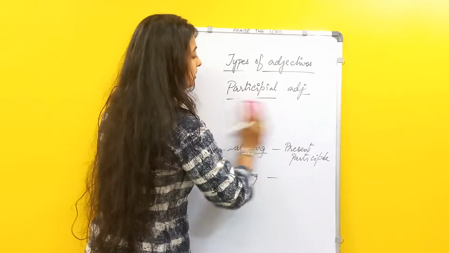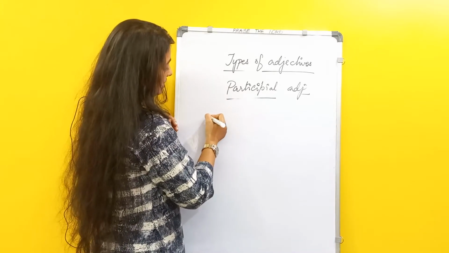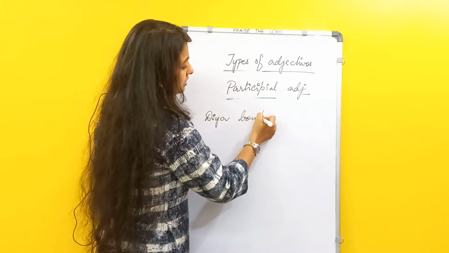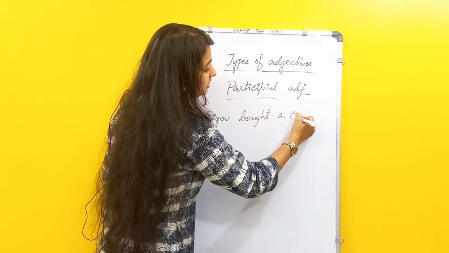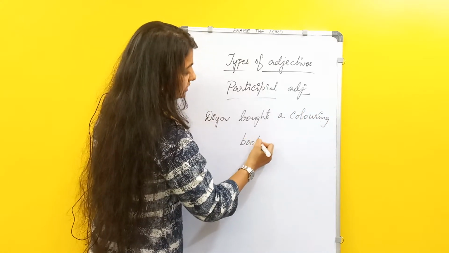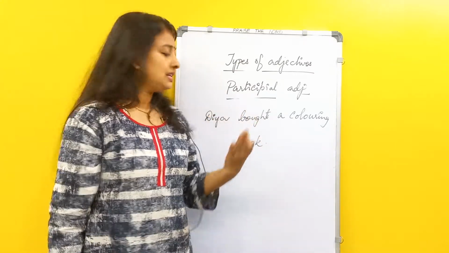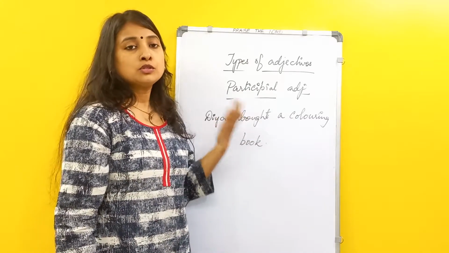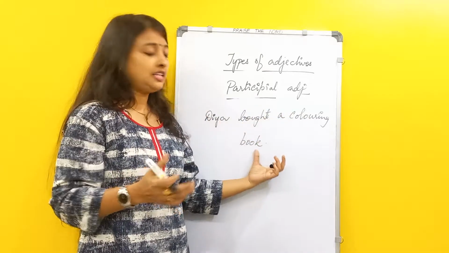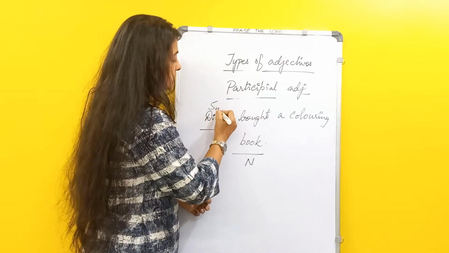Like if I am saying, Diya bought a coloring book. Here Diya is a noun, the subject.